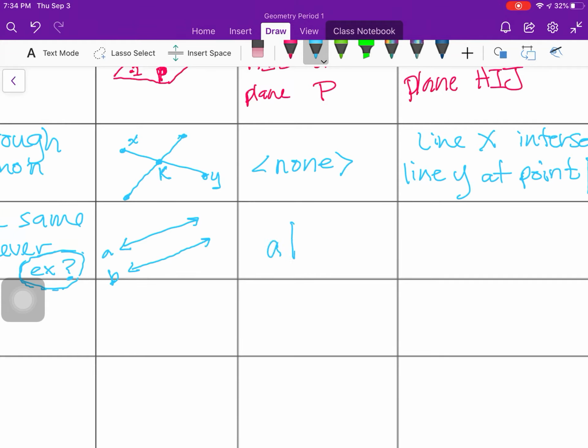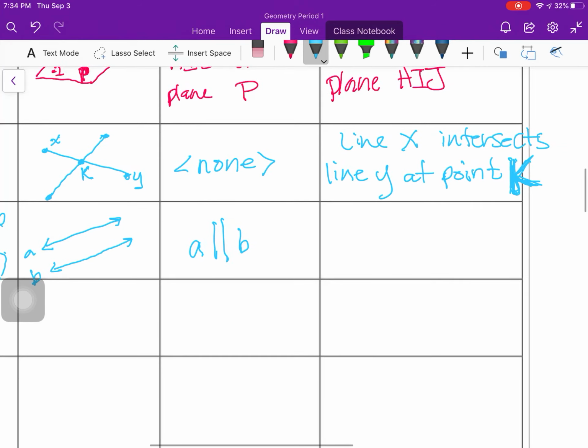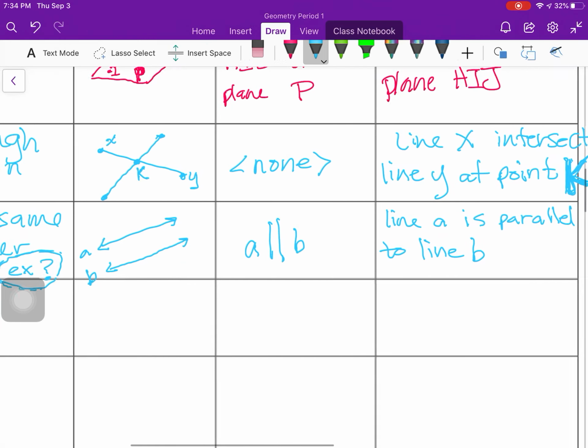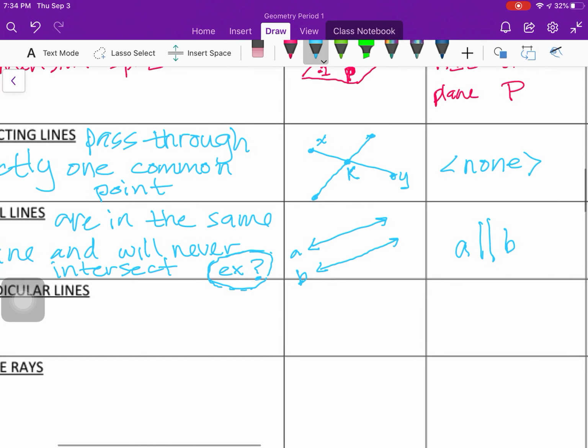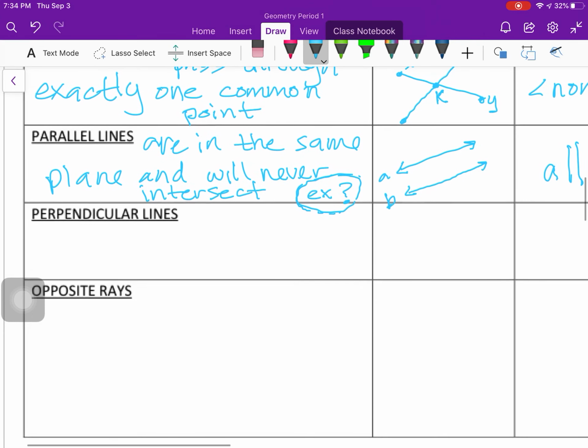This one, we're going to say line A is parallel to line B. Or write it that way, I should say, and we say it the exact way. Line A is parallel to line B. Okay.